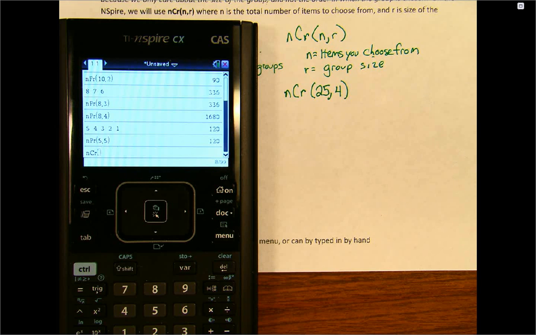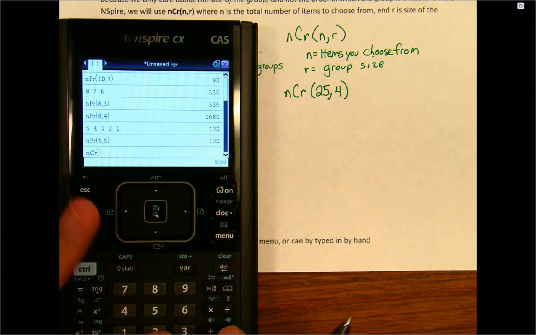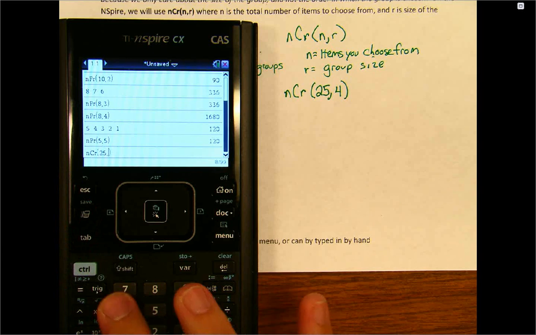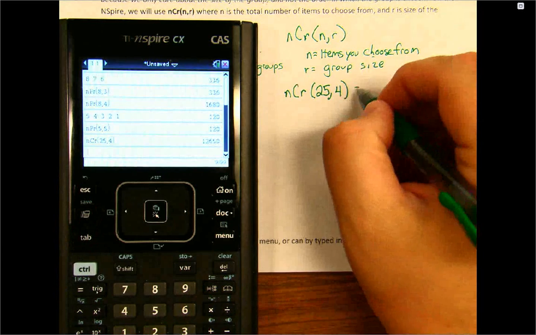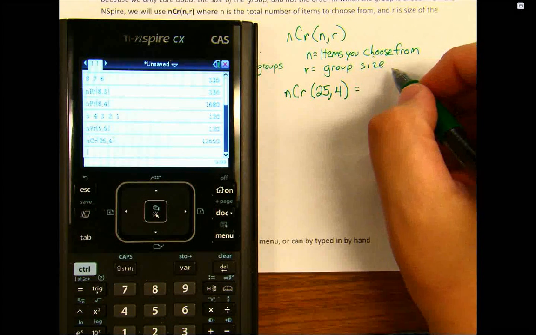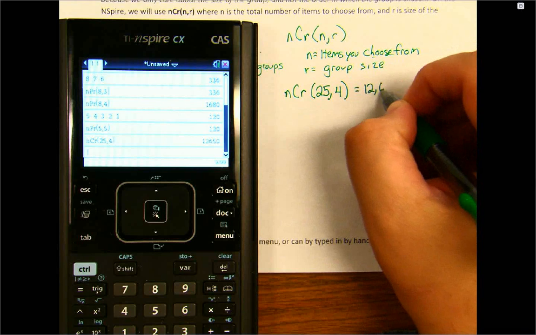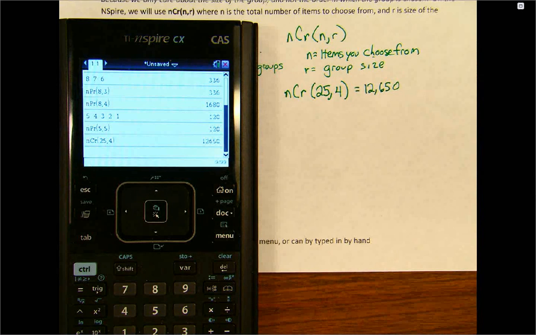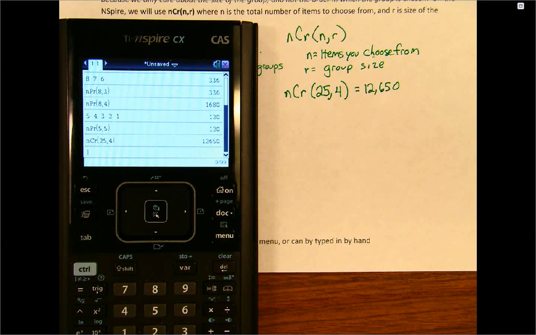And so we go 25, comma 4, and it says I could make 12,650 different groups of 4. So if I just picked one group of 4, not caring who gets picked, when they get picked, or anything like that, I can make over 12,000 different groups. Just from a group of 25 kids, I can make one different group.